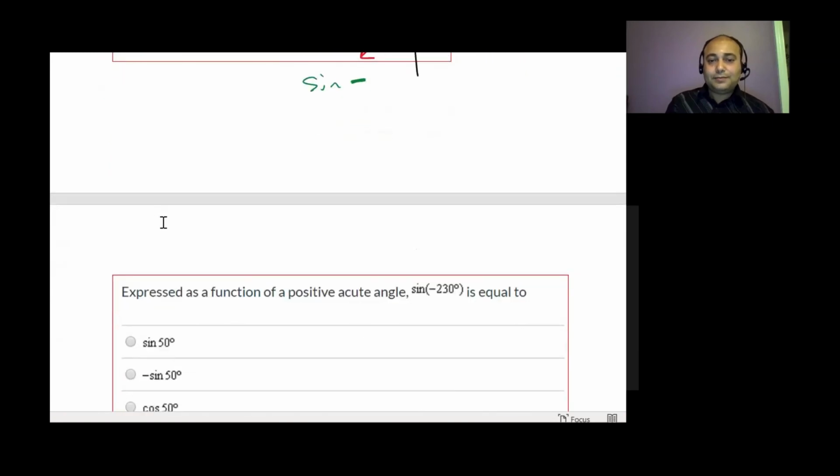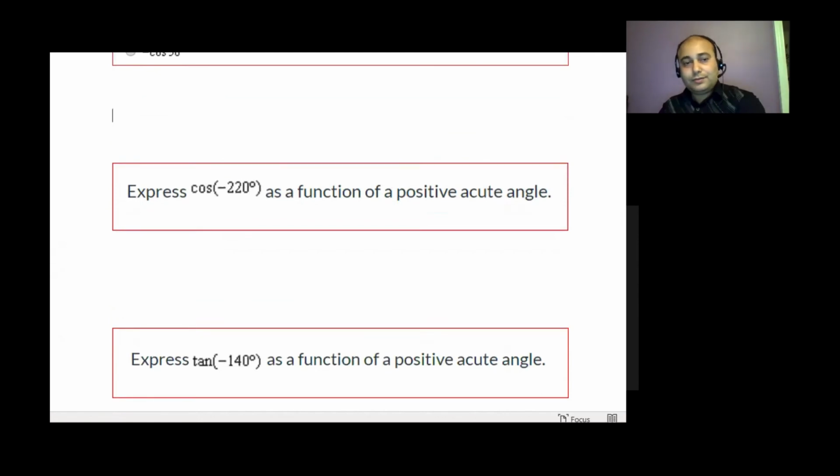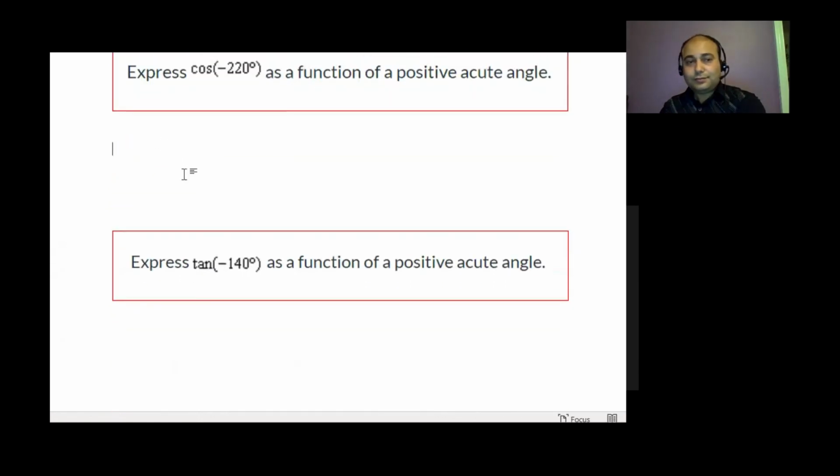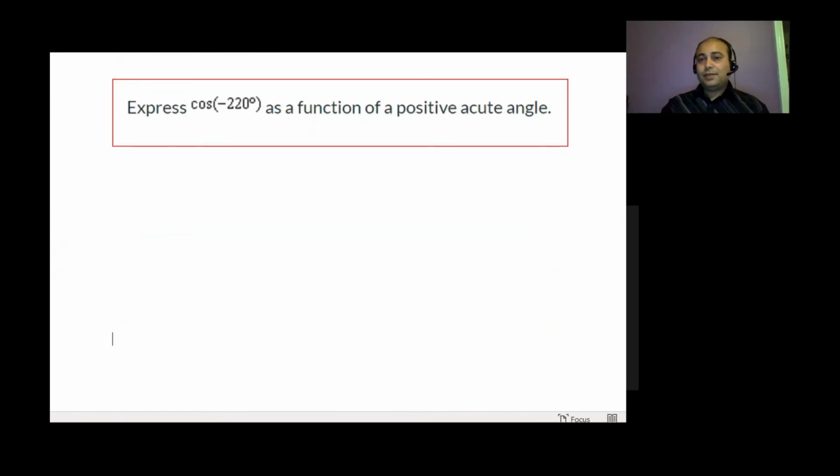Another example. Let's do the cosine one. Take a few seconds and try the cosine one, and write the answer in the chat box.